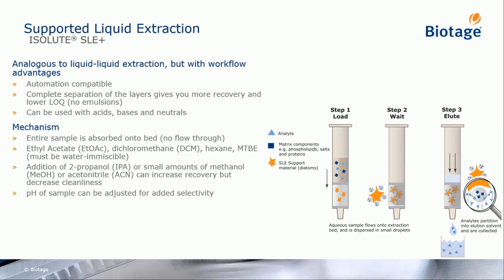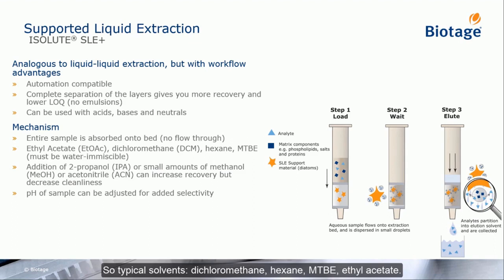So typical solvents, dichloromethane, hexane, MTBE, ethyl acetate. What you have is on the flow through part with a solvent, you're essentially getting repeat liquid-liquid extractions. So if you were to think liquid-liquid, you'd apply 1 aliquot of organic solvent, mix it up, remove.